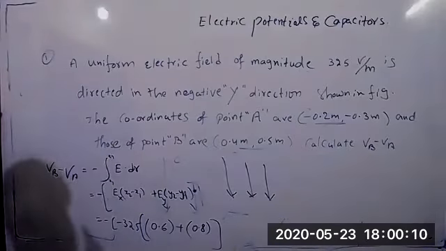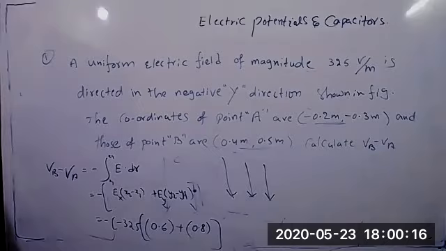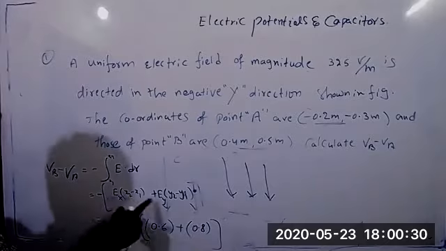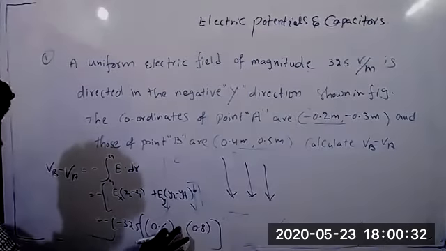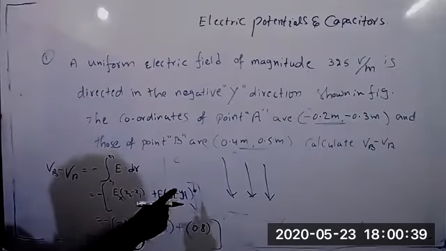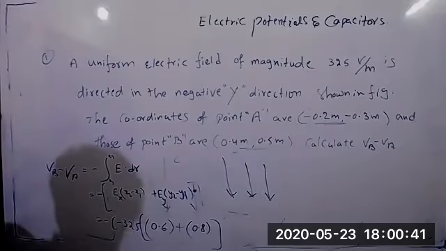See once, now calculate 1.4 into 325. It will be more than that. Sir, I think it should be minus 0.6.